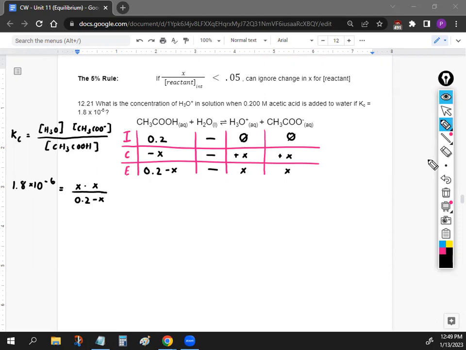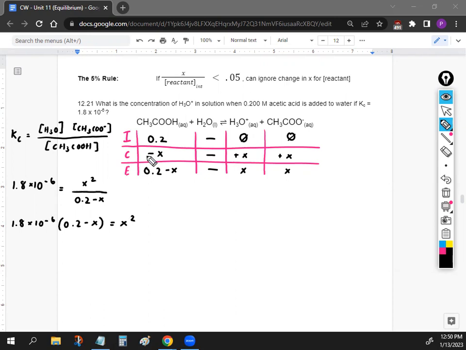Then we can multiply x and x to get x squared, and multiply both sides by 0.2 minus x. So we get 1.8 times 10 to the negative 6 times 0.2 minus x equals x squared. So far, so good, guys, for math?